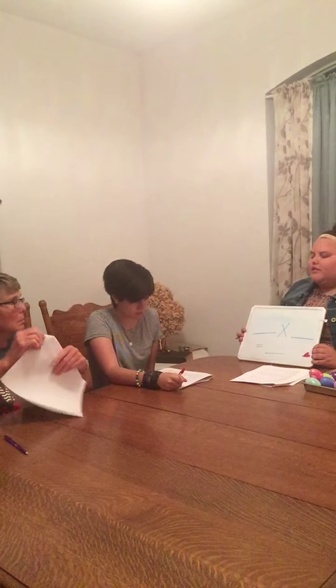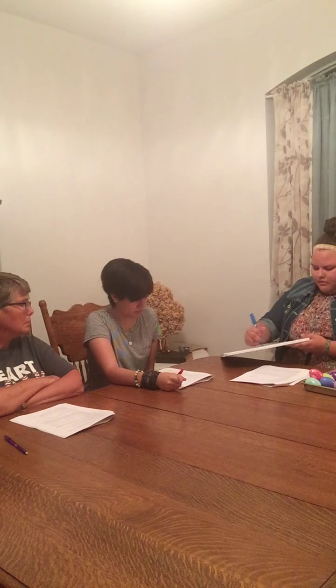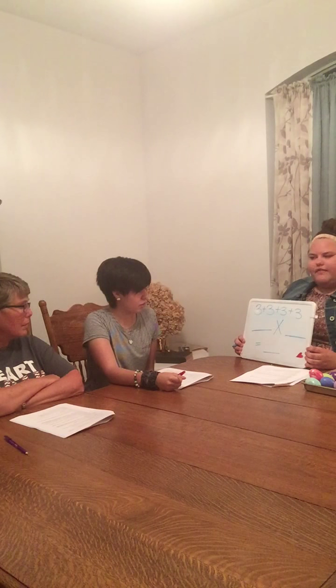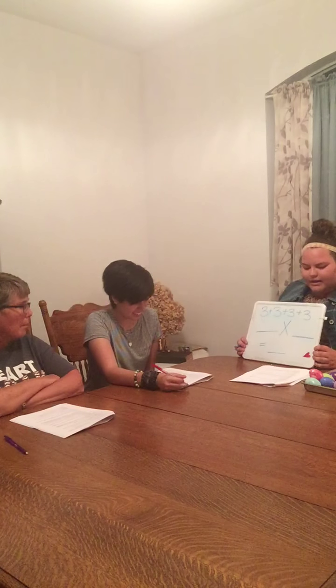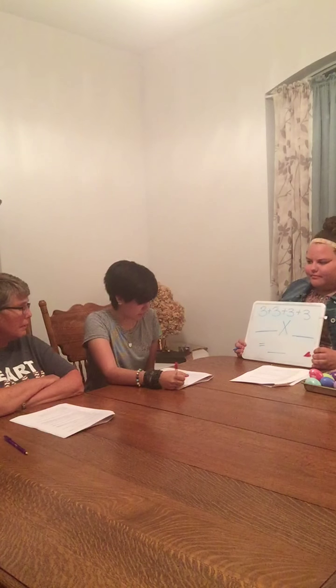So, what number do we know just from looking at the problem? I'll write it out. Okay. So what number do we know just from looking at the problem? 3. Right. So, where would we write this in our blank? The very first one.